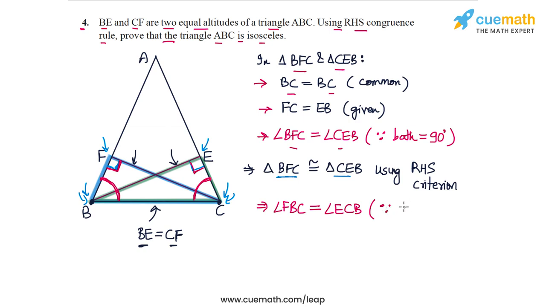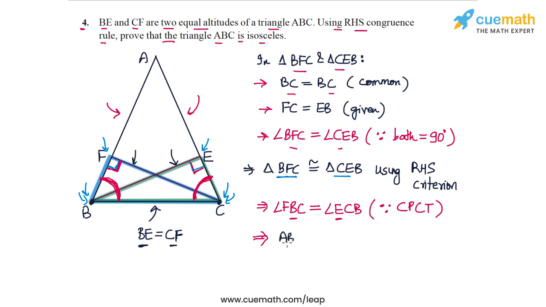Because these two angles are corresponding parts of congruent triangles. And now because these two angles are equal, if you look at triangle ABC as a whole, the angle at vertex B is equal to the angle at vertex C, and this means that the sides opposite these angles must also be equal. The side opposite the angle at B is the side AC, and the side opposite the angle at C is the side AB. So AB and AC must be equal.